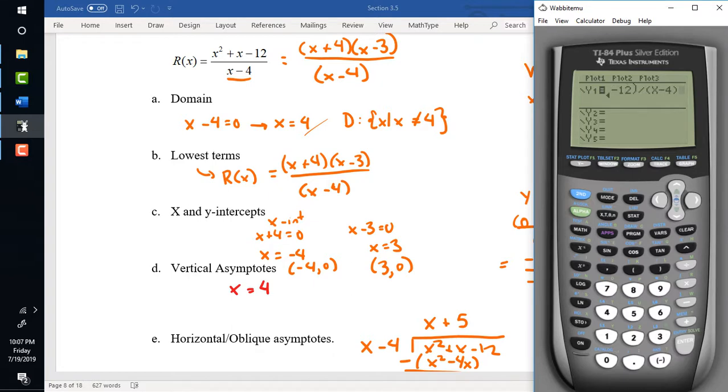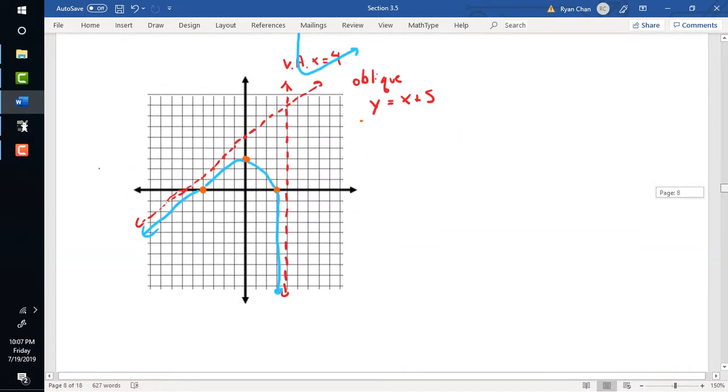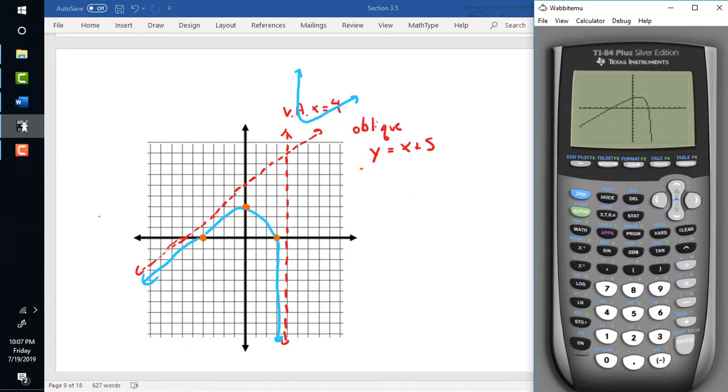Now I'll hit the graph. Sorry, I need to do zoom 6. So let's take a look. It looks really similar. I am missing the top right. Let me show you if I zoom out. So you can see there's definitely a top right, okay?